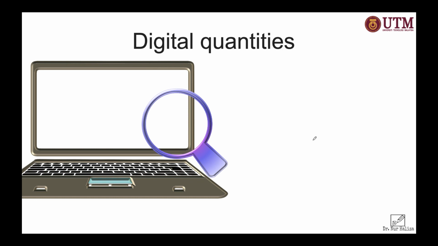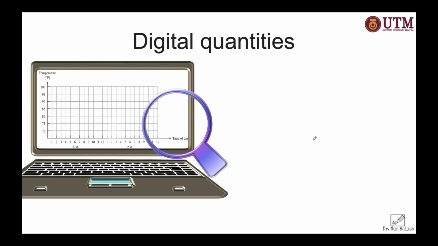On digital quantities you can have temperature versus time also, but with a slightly different type of graph. You can see here it is discrete, which means it is not continuous.